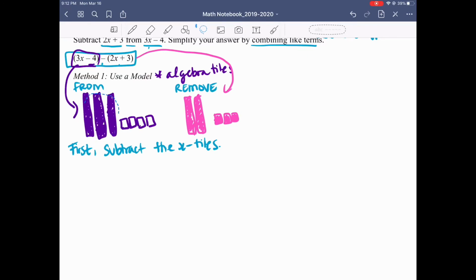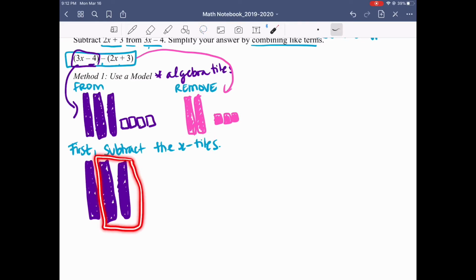This is Miss Teddabean struggling with technology. There we go. Okay, so we started off with 3 x tiles, and we need to remove two x tiles from here. Can we do that? Well, yeah, we have the 2 x tiles right there. We can take these 2 x tiles and actually remove them.